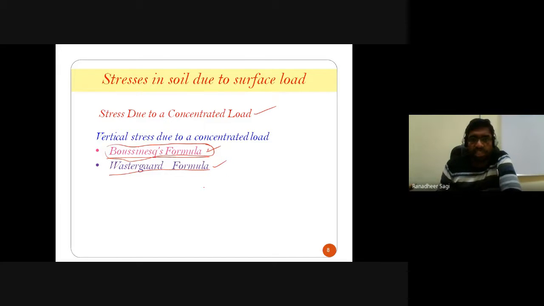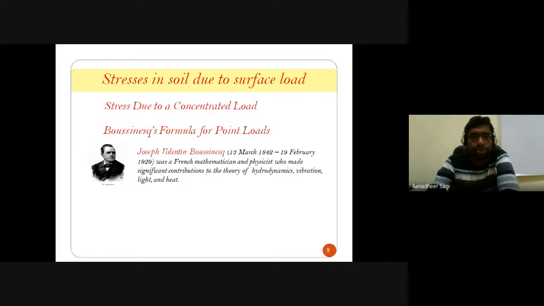And coming to Westergaard's formula, if I am correct, in transportation engineering you will be covering this aspect of Westergaard's formula in analyzing the stresses in your pavement or in the ground in different layers of the pavement. If you are required to analyze the stresses, you will be following Westergaard's approach.